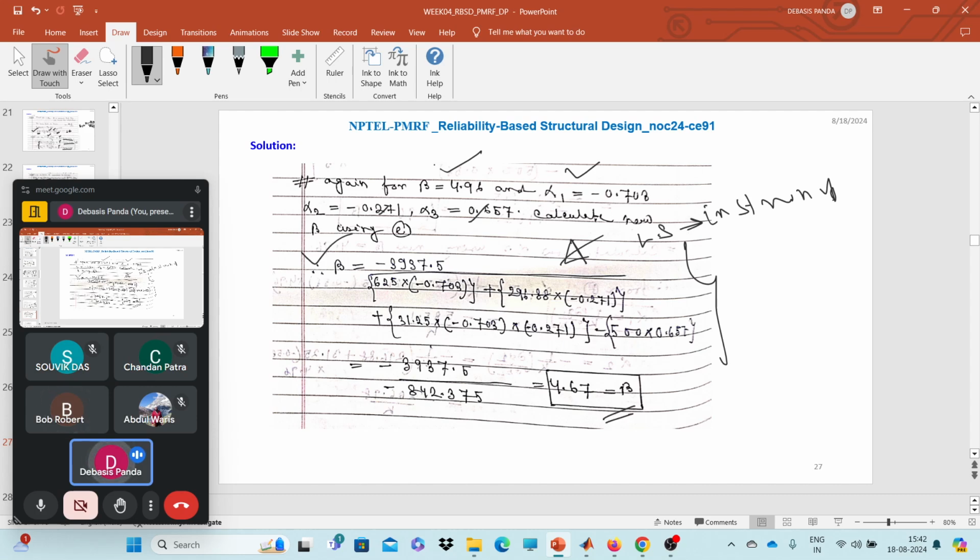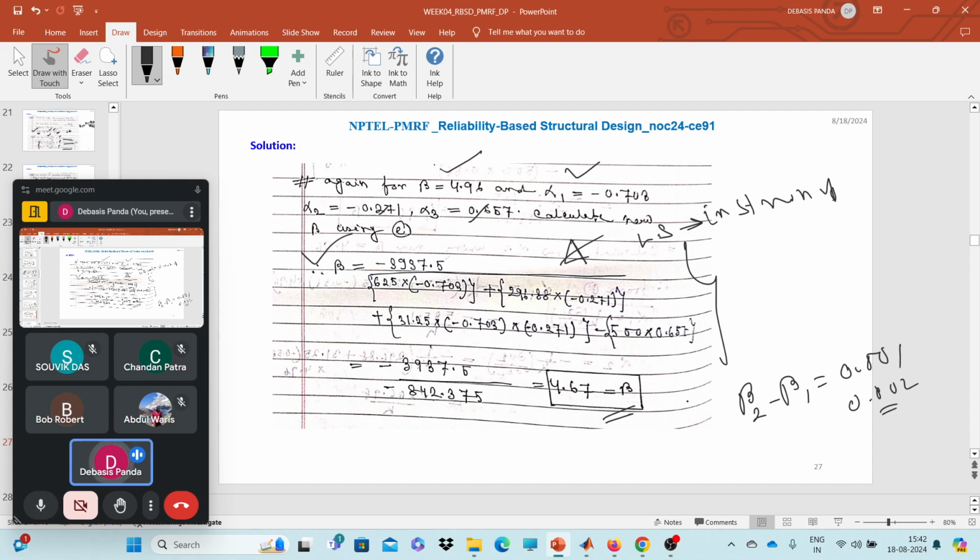So once we have new beta, we can again solve it for alphas. Similar way, go back to your direction cosines, find the direction cosines, give the directions, get the new beta. Now, until beta 2 minus beta 1 is equal to some error, say 0.001 or 0.002, whatever limit you have set, until then this algorithm will work.